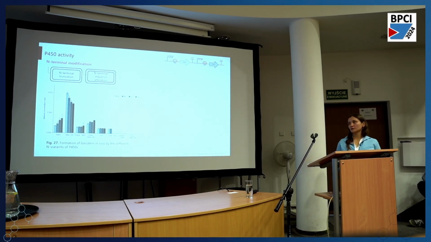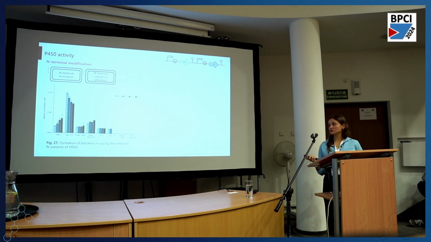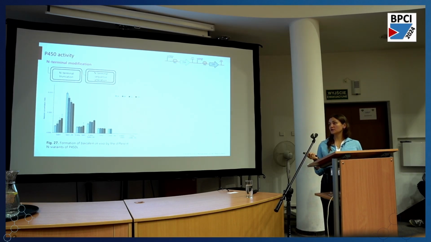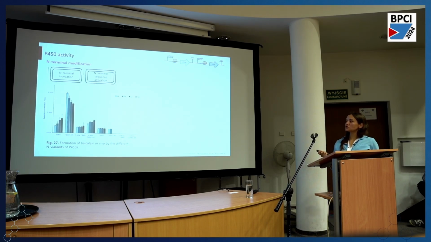And because of the many challenges with eukaryotic protein expression in bacteria, and also after the in silico analysis, which revealed that both of those enzymes contain a transmembrane fragment, we decided to start with an N-terminal modification library, including truncation and sequence alteration. And that graph clearly showed that without any N-terminal transmembrane fragment, the enzyme from Scutellaria baicalensis achieved the best results.